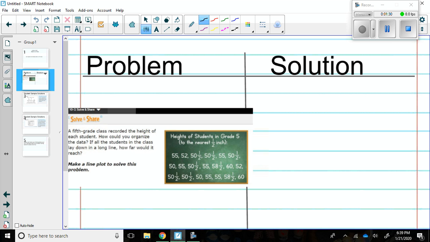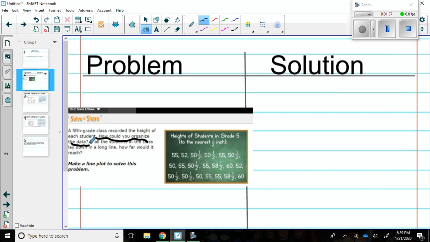The first one is asking, how could I organize the data? So the first thing I need to do is create the line plot. After I have all my data organized and created, then I can solve to see if they all lay down, how long the total would be. So my first step is organizing my data.